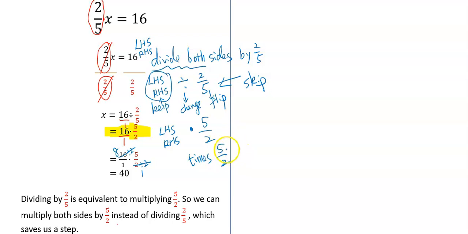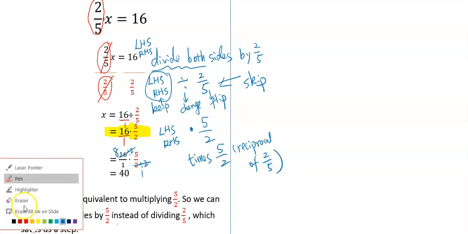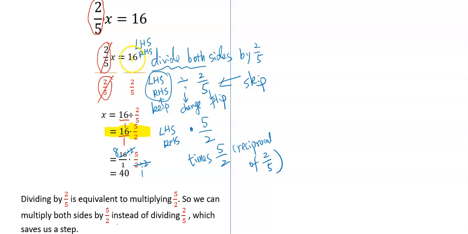5/2. And if you remember, 5/2 has a name. We call it the reciprocal of 2/5. So let's take a look at the steps here. Again, we're supposed to divide both sides by 2/5, but the division rule of fractions tells us we can change division to multiplication by flipping the next fraction.